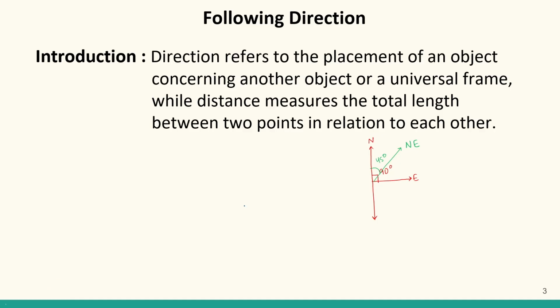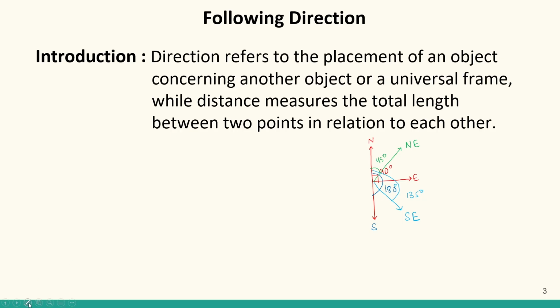Similarly, if I turn 180 degrees, all the way, I will be facing south. And if I turn only 135 degrees, somewhere here, this entire thing is 135 degrees. So if I turn from north by 135 degrees, I'll be facing southeast.